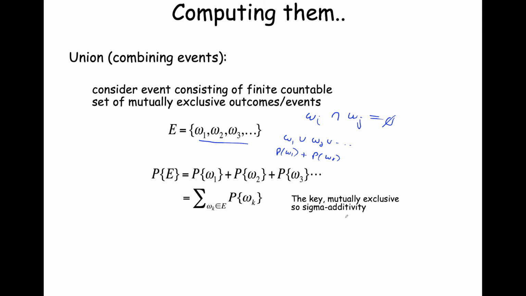The fact that we can take these mutually exclusive events and add their individual probabilities gives us the probability of the complex event. And that's specifically if each one of these simpler events, omega 1, omega 2, omega 3, is mutually exclusive from one another. That allows us to take advantage of so-called sigma additivity and calculate the probability of this complex event, E, big E, on this particular slide.